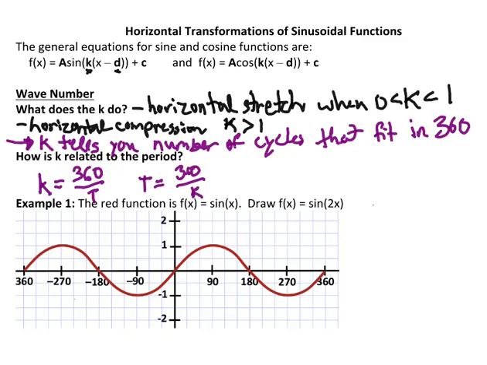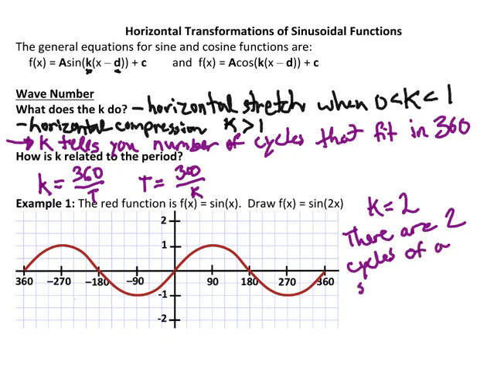So here in this example, you've got a sine function I've already drawn for you, and we're trying to graph sine of 2x. So that means k is 2. Or in other words, there are 2 full cycles of a sine function within 360.